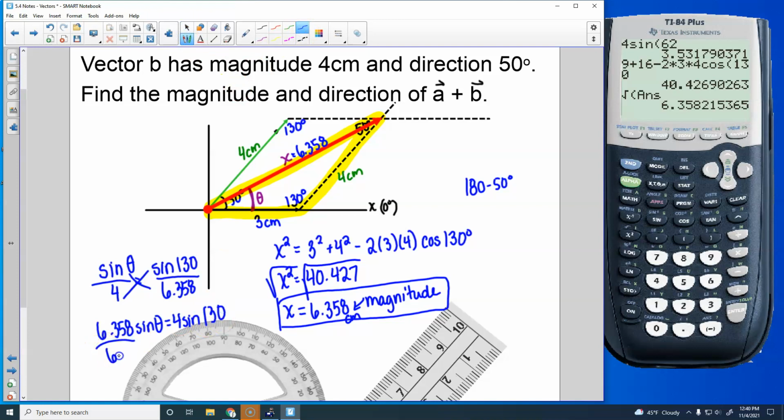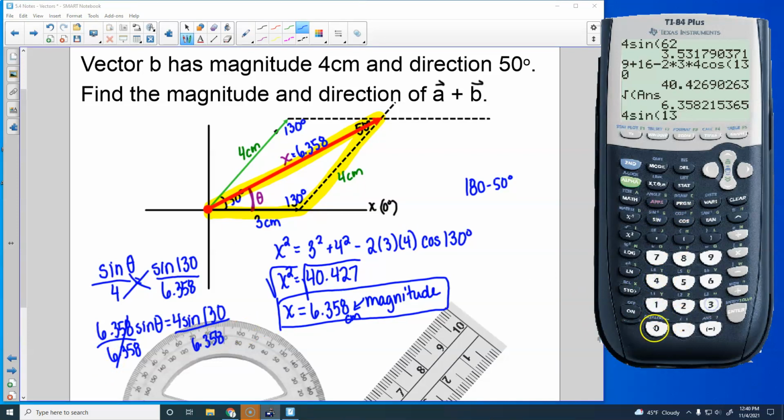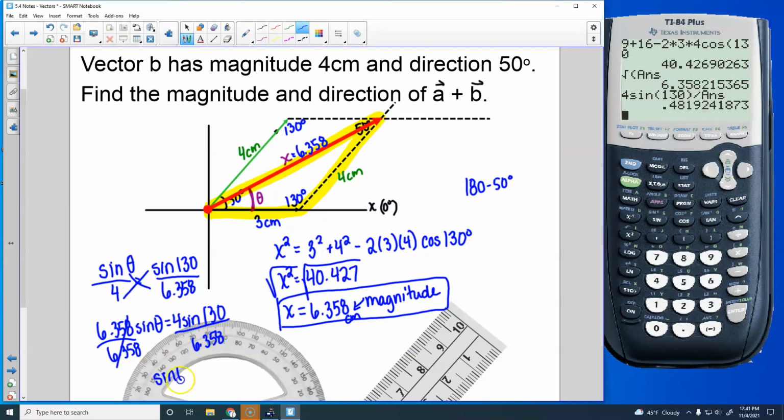We'll divide by 6.358. So 4 sine 130 divided by, let's do second answer. So sine of theta is 0.4819 and so on.